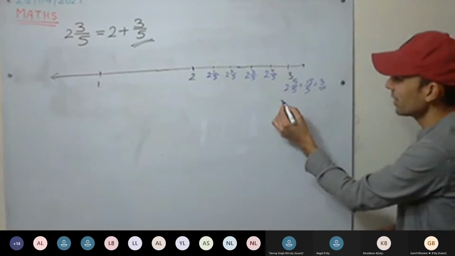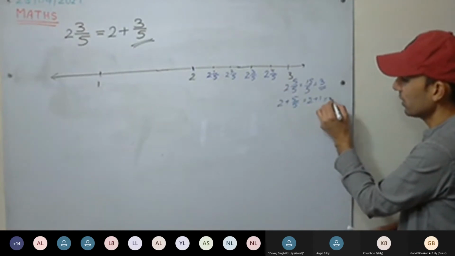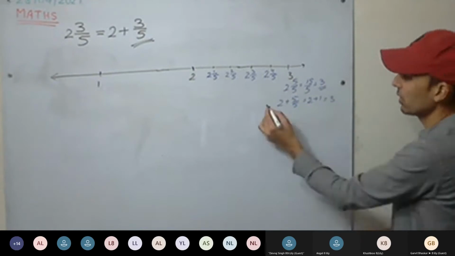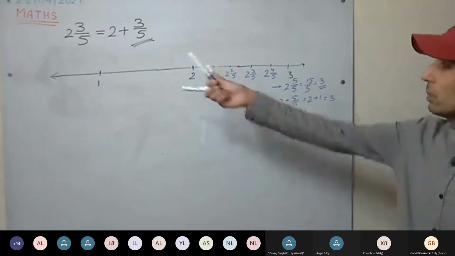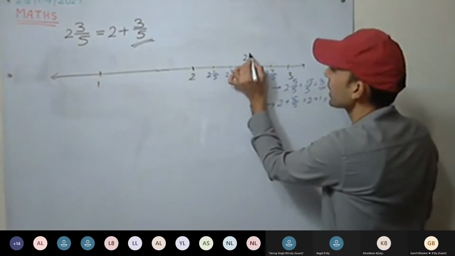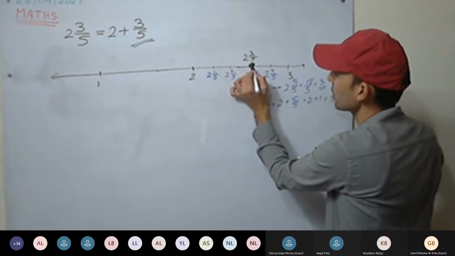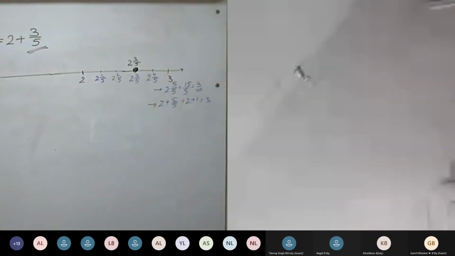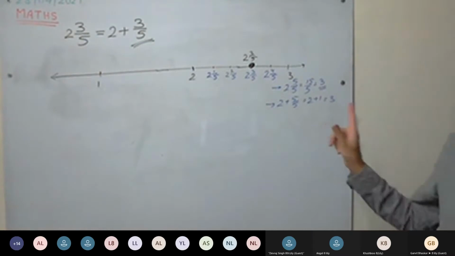Or we can write it as 2 plus 5 upon 5, which is 2 plus 1, 3. Any way you can solve. And what we have to mark? 2 3 by 5. I can write it here and make a circle and fill it. Understood this one?